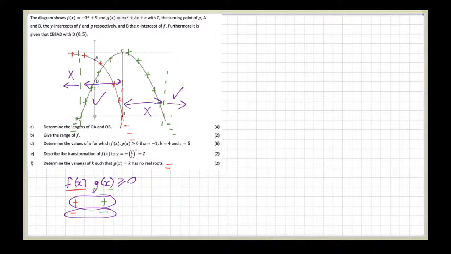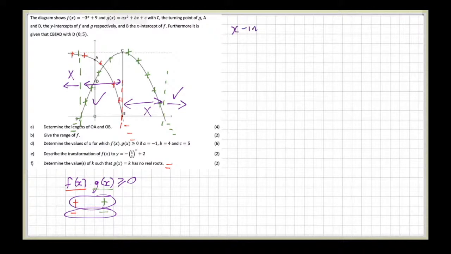Fantastic. But a bit of an issue. I don't have the x-intercepts of the parabola. Oh, sir, look at the mark allocation. 6 marks. That means I am not going to just be able to write down the answers because I need the x-intercepts of the parabola. So I'm going to, first of all, have to get the x-intercepts.